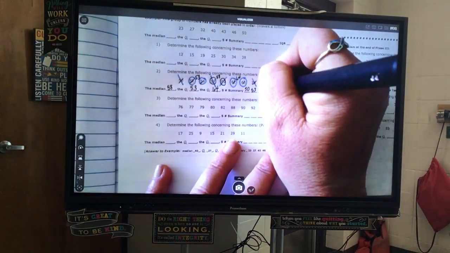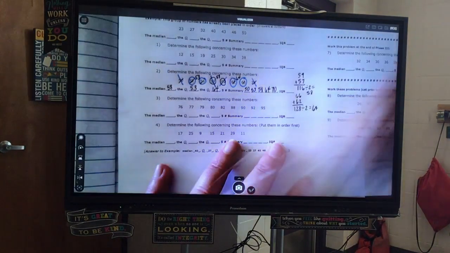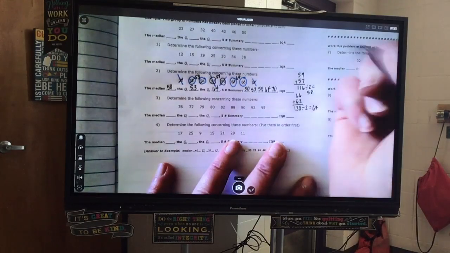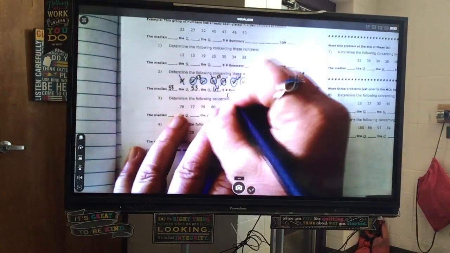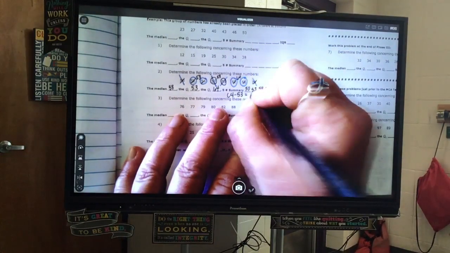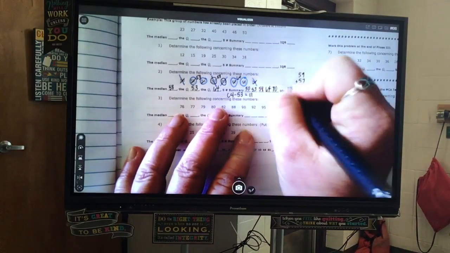Ace. 70. And then how do I find out what my IQR is? What do I need to do to find IQR? And what do you get? 11. So my IQR is 11.